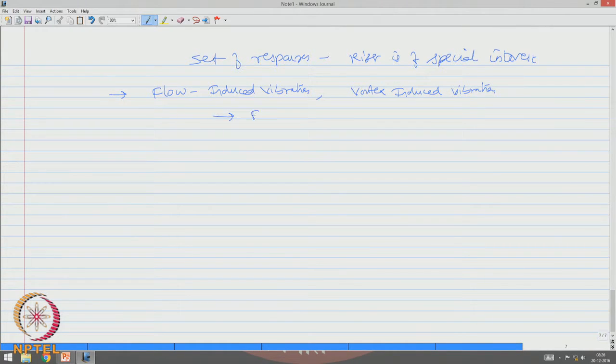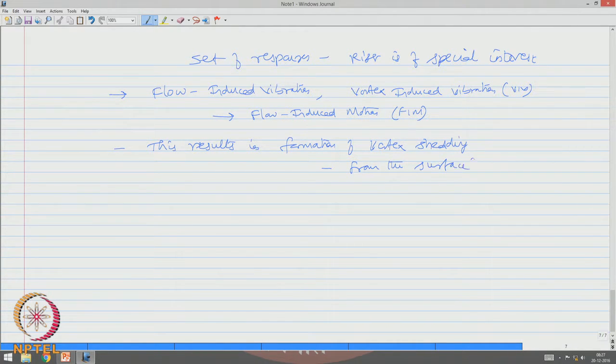Essentially, this is a characteristic of flow induced motion, what we call as FIM. So, this results in formation of vortex, which arise or originate from the surface of the structure.